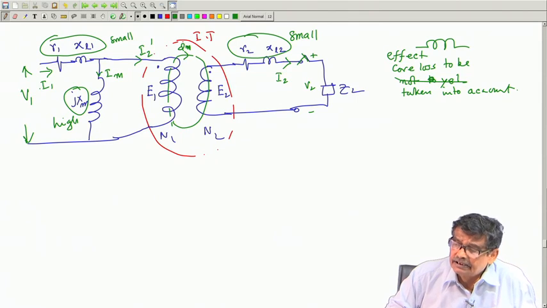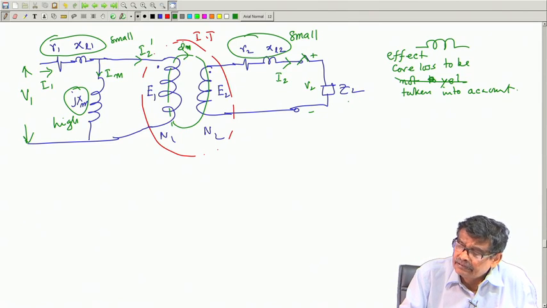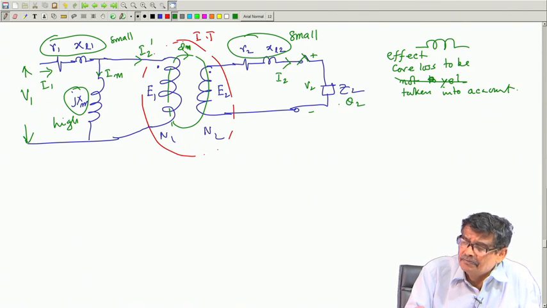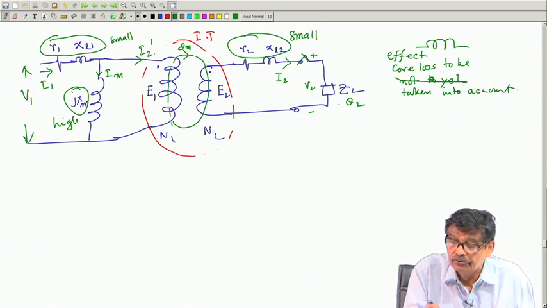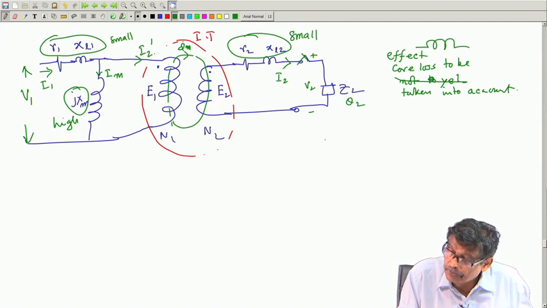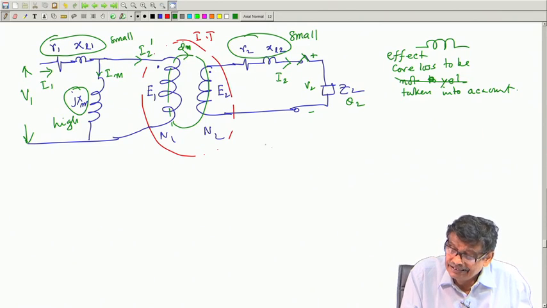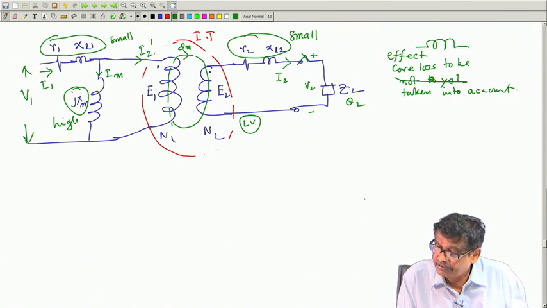How to draw the phasor diagram? Suppose the power factor is the same way, I will sketch once. So, let us start. Suppose you draw first, let us assume this is the LV side. So, V2 is sketched first.